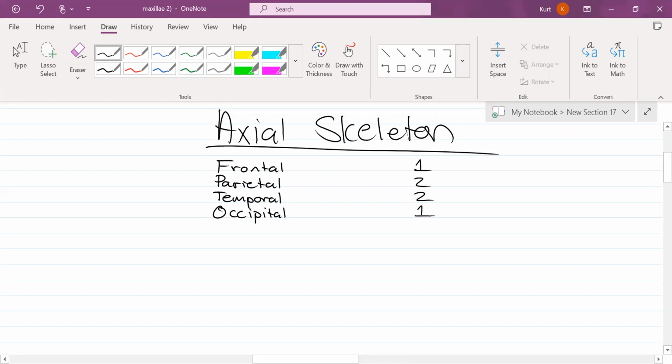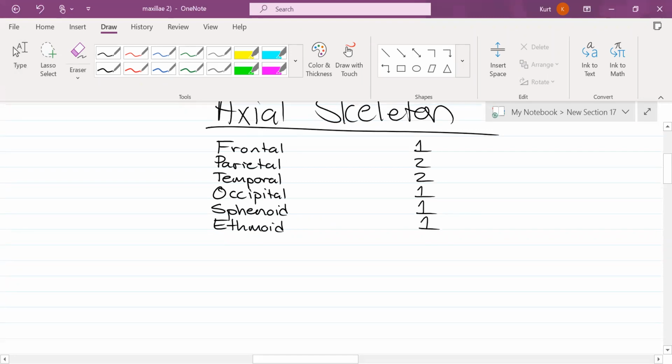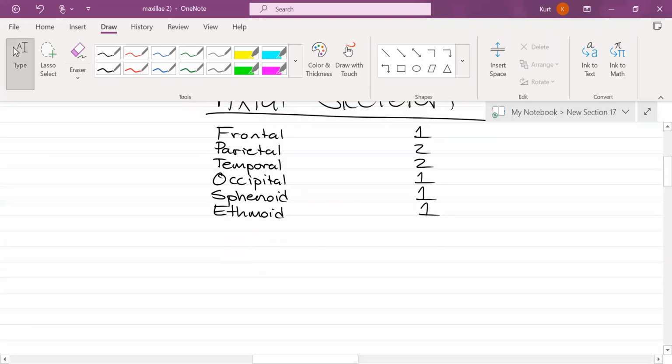Good. The floor of your brain case. Sphenoid. How many? One. All right, this one's hard to describe. It's in your brain case. It's behind your eyes. Ethmoid. How many? One. Okay, so those are your cranium where your brain lives.